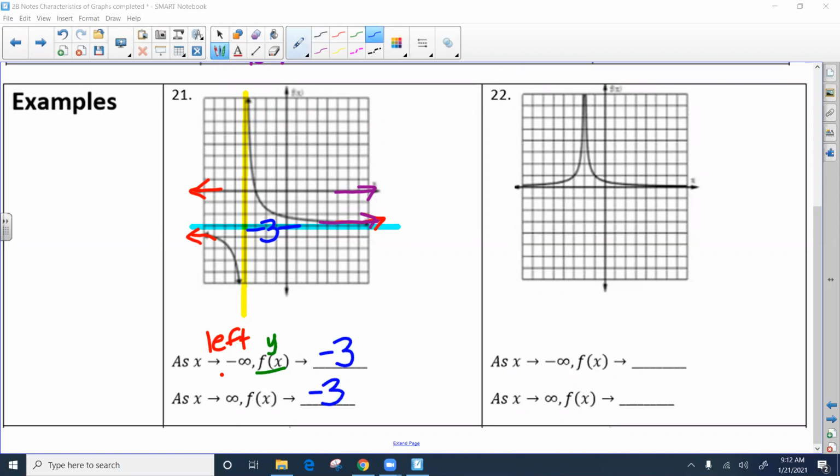Another thing we might notice on this one, it also has an asymptote. Again, an asymptote is the line where the graph gets closer and closer to, but doesn't touch. So if we look at the graph, it's leveling out here and going straight to the two sides. It's never crossing or touching the x-axis here.